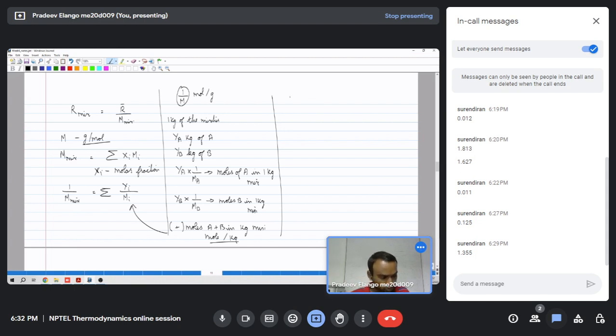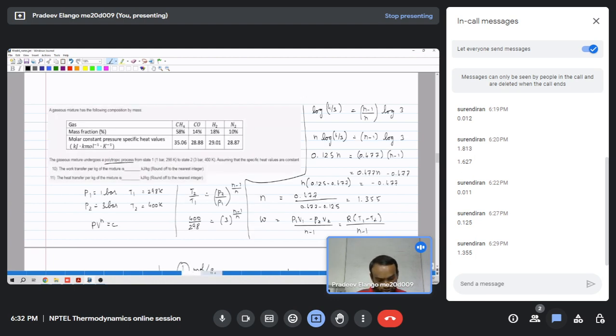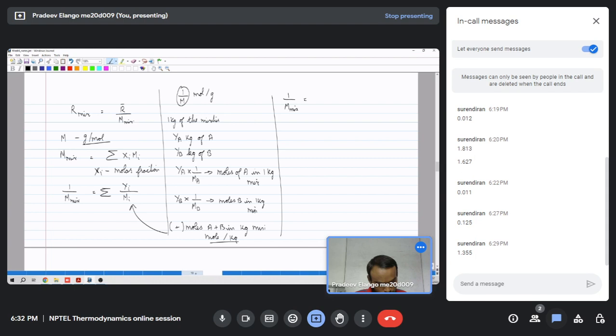Now 1 by M mix is what we have to calculate, and on the right hand side we have y of CH4 divided by molecular weight of CH4, plus y of CO by molecular weight of CO, plus y of hydrogen by molecular weight of hydrogen, plus y of nitrogen by molecular weight of nitrogen.